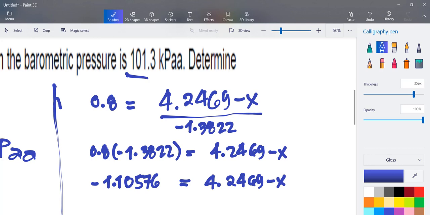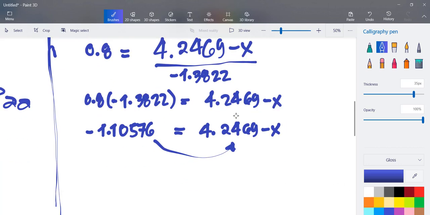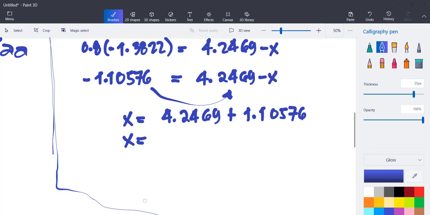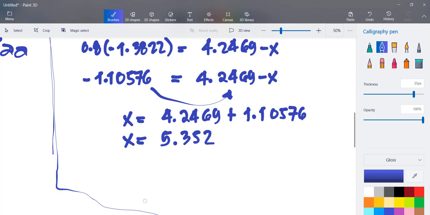Now I'm going to transpose this one doon sa kabila. It will be x is equal now to 4.2469 plus 1.10576. Finally, we have the value of x, which is 5.35266 kPa absolute.